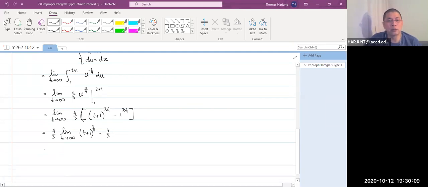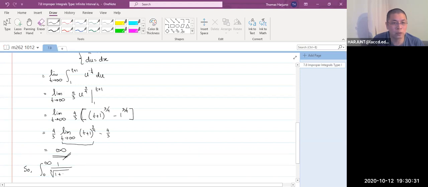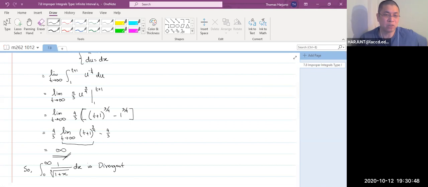But this goes to infinity. So this integral from 0 to infinity of 1 over the 4th root of 1 plus x dx is divergent, because it goes to infinity, or to negative infinity, or does not exist if the limit does not exist.